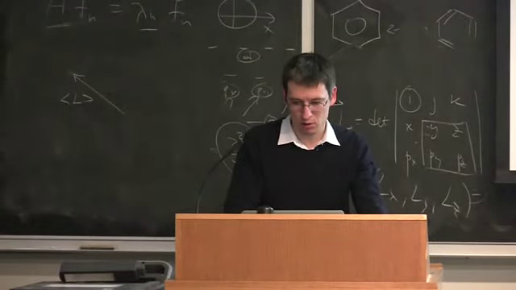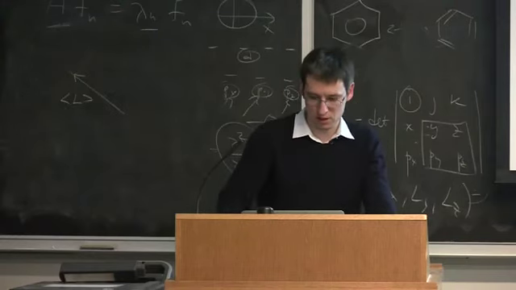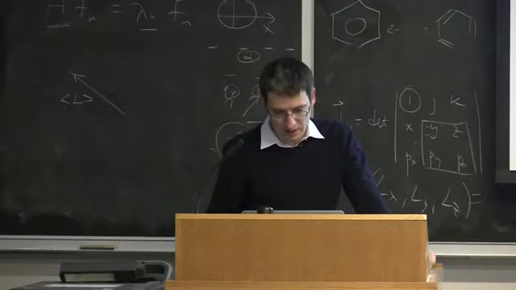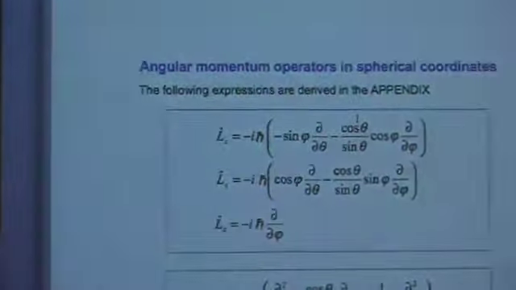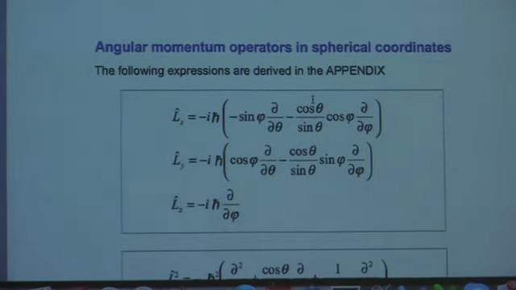And spherical polar coordinates. Here, the expressions are not as simple looking as the Cartesian components. If you write this Lx, Ly, and Lz in Cartesian form, then they are much simpler. Now Lz though looks quite nice.